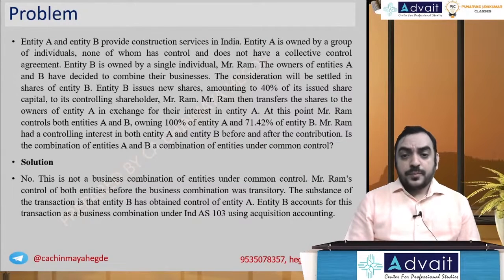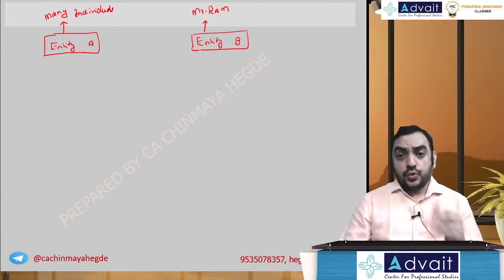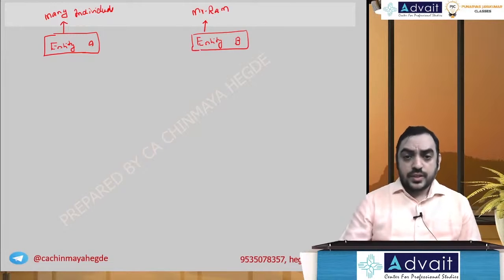They decide to combine. The consideration will be settled in the shares of entity B. Okay, so basically they are going to combine, but entity B is going to issue the shares. Entity B will continue.